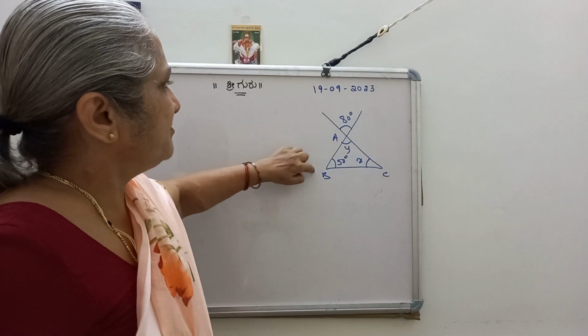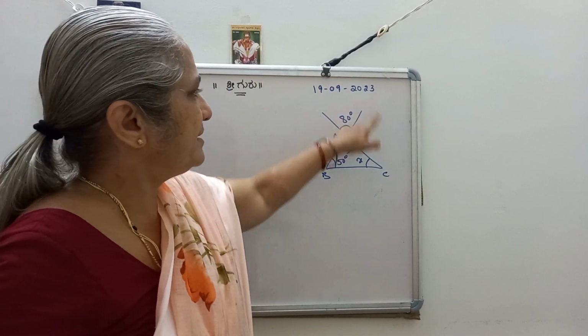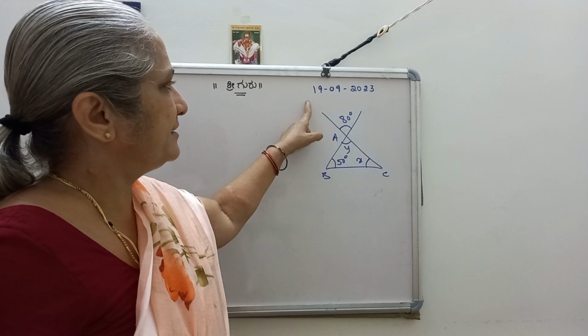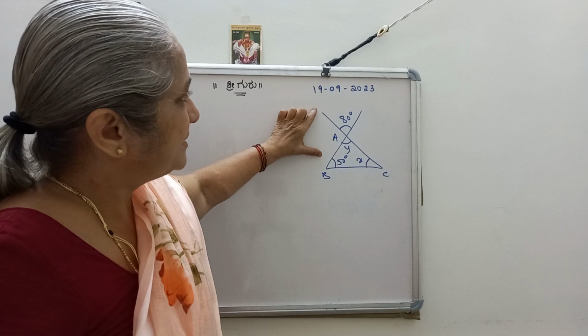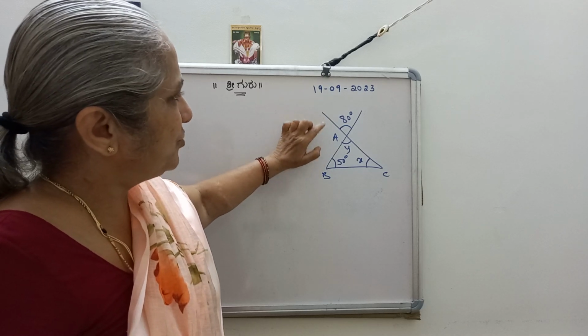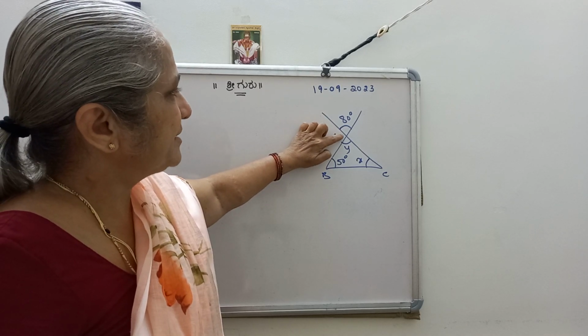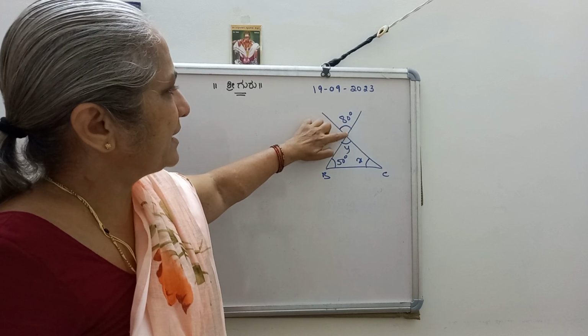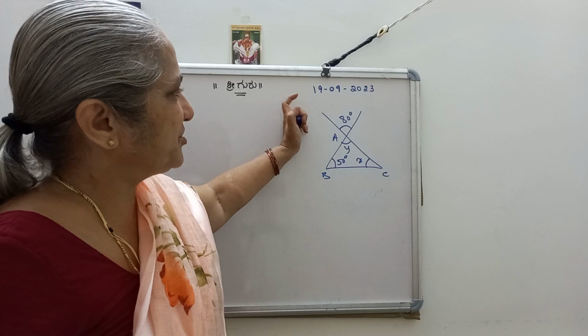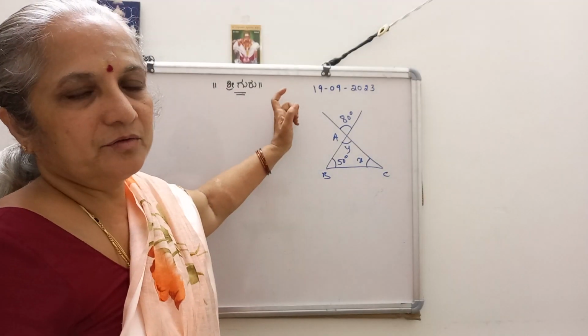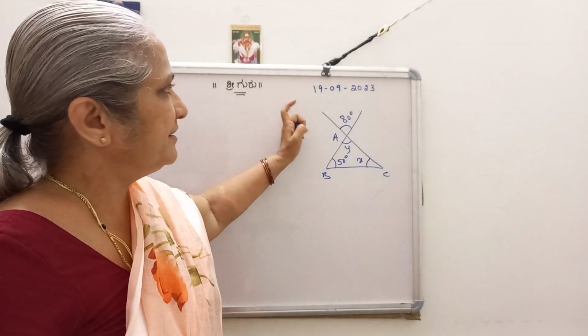Here BA is extended, CA is extended, and we get pair of intersecting lines here. And when two lines intersect at a point, it means vertex, two angles are formed opposite to this vertex. They are called vertically opposite angles, and we know that vertically opposite angles are equal.